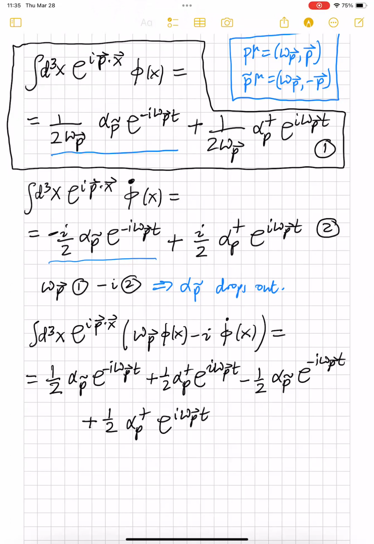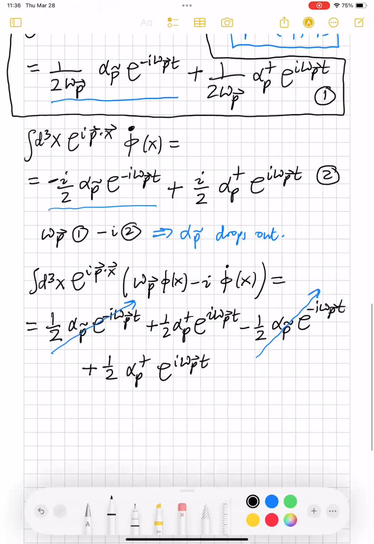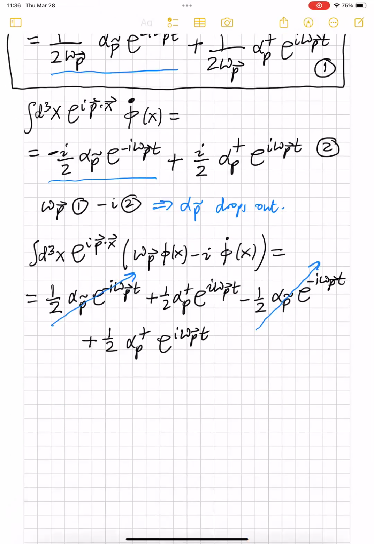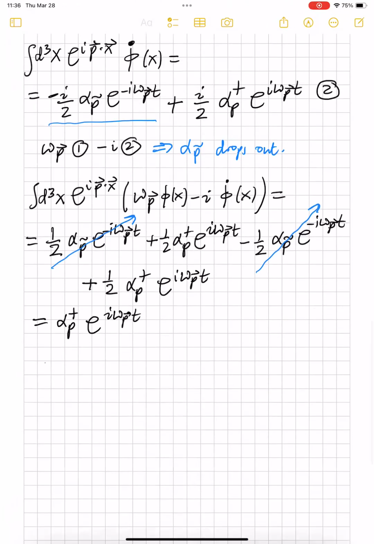And then exactly as I motivated for you, this term exactly cancels against that term. So all of the alpha p tildes are gone. And what we are left with is a 1/2 plus a 1/2 is 1. So this is just alpha p dagger e to the I omega p t. Okay, so now it is particularly easy to solve for alpha p dagger.